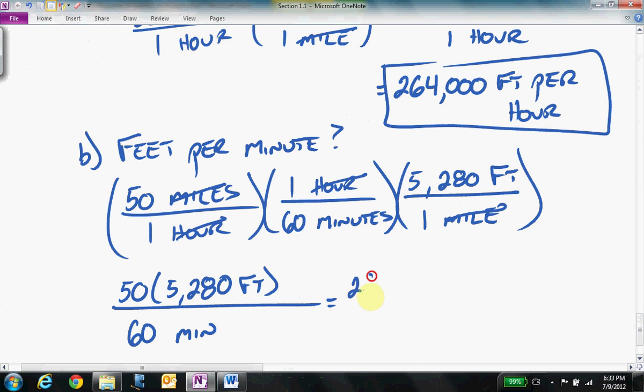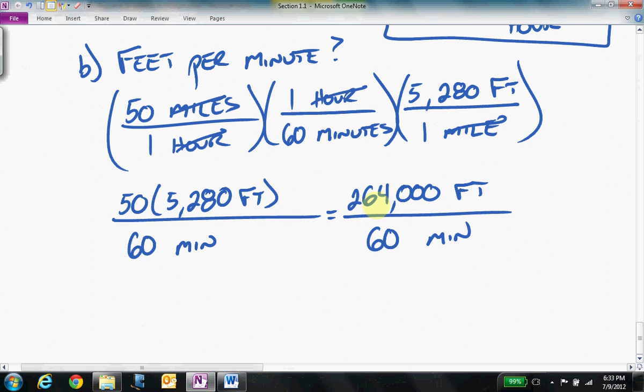So we know we got 264,000 feet over 60 minutes. And so when we divide 264,000 by 60, we are going to see that we'll have traveled 4,400 feet per minute.